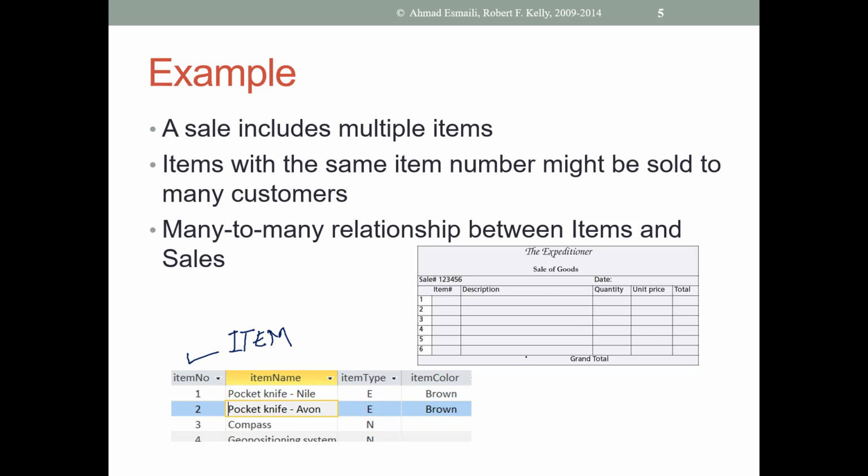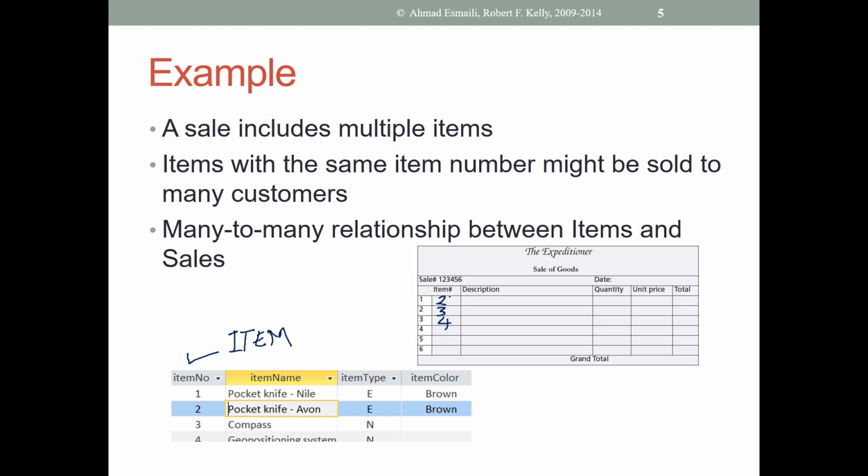Now in this sale that you have here, you need to put these values, the item number, here. So if the person has bought a pocket knife, you should put 2 here. Alright, then 3 and 4. That means in this sale these 3 items were bought: item number 2, 3 and 4.